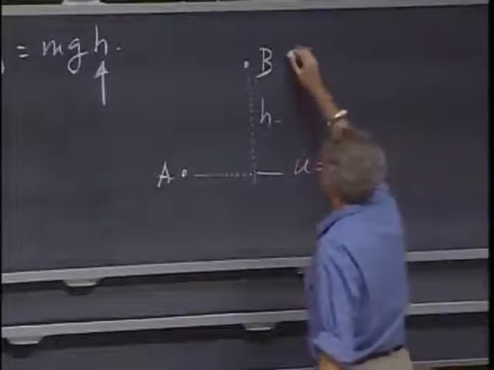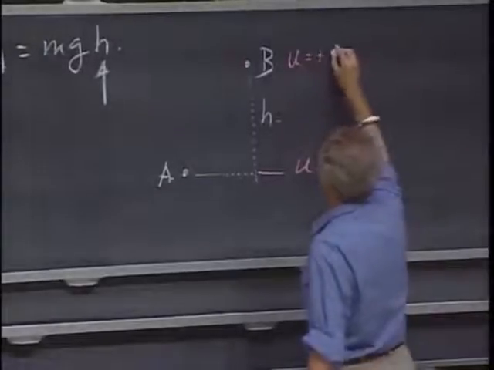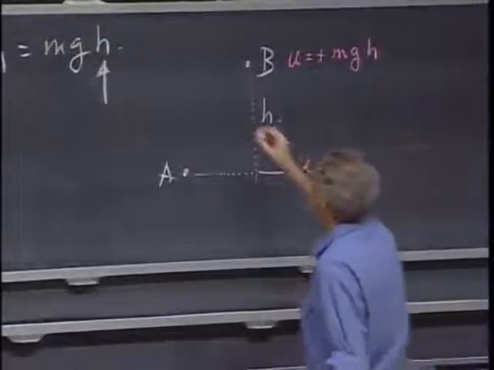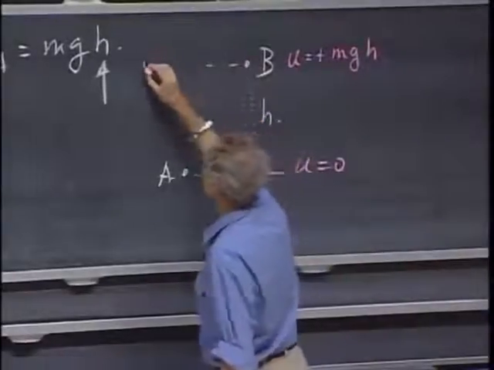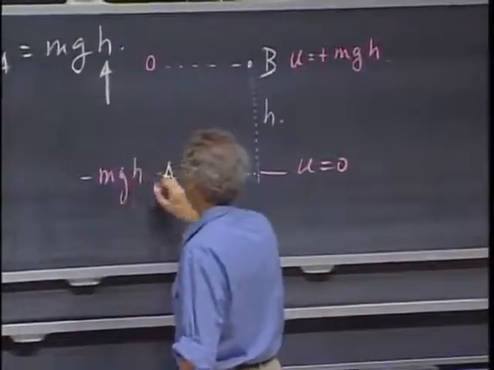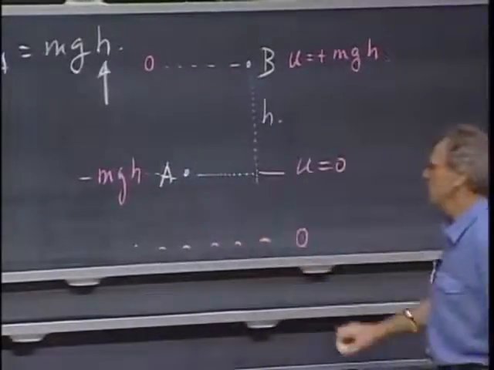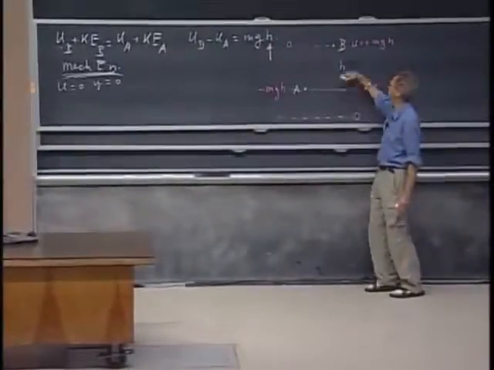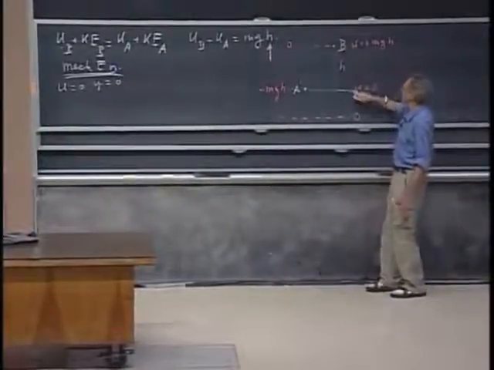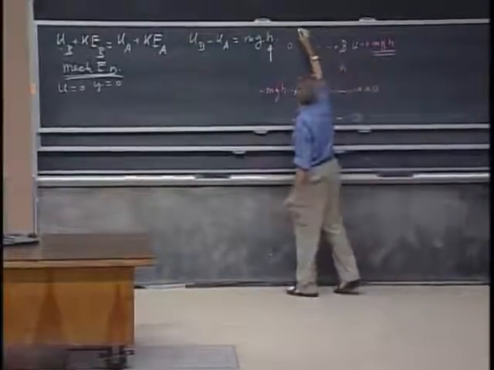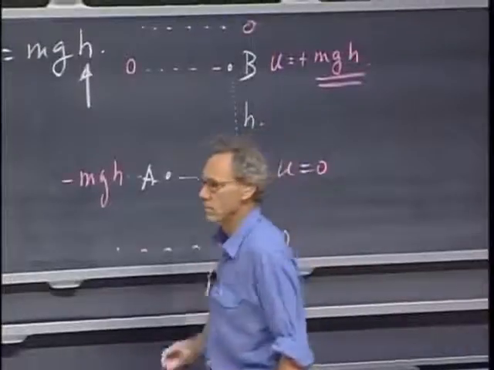Then you would have to call this U plus mgh. If you say, no, I don't want to do that, I want to call this zero, that's fine. Then this becomes minus mgh. If you prefer to call this zero, that's fine too. Then this will have a positive gravitational potential energy, and this will have one that is higher than this one by this amount. If you say, really, I like to call this zero, of course the same holds.